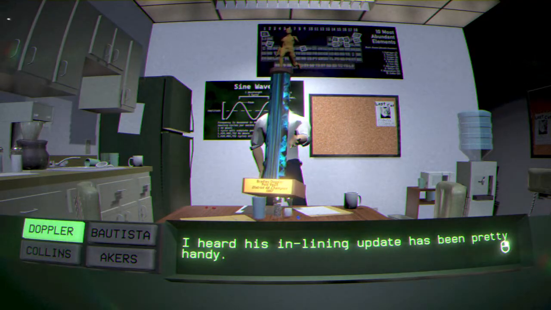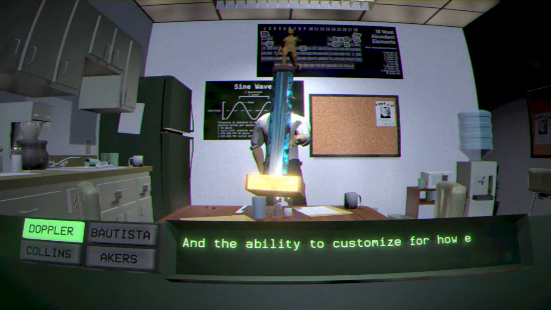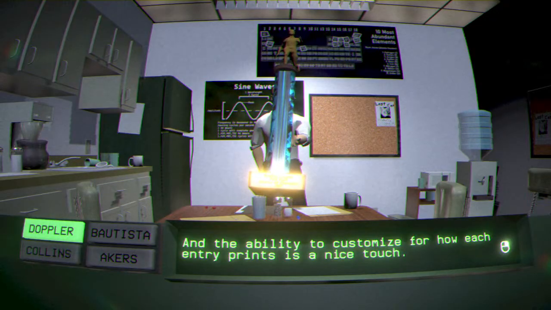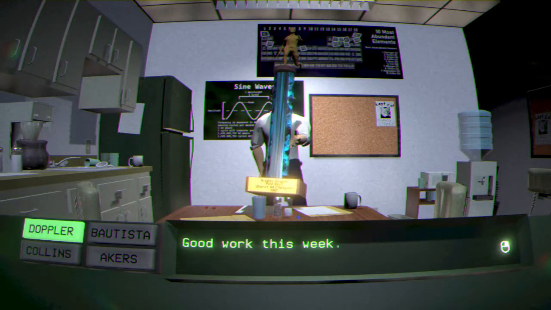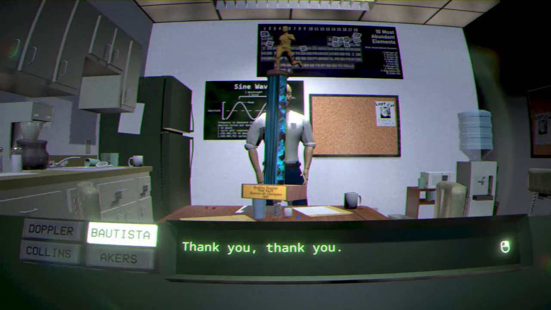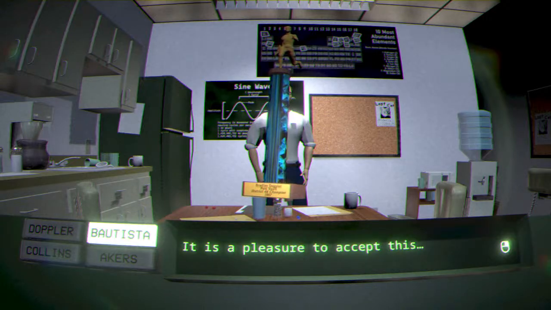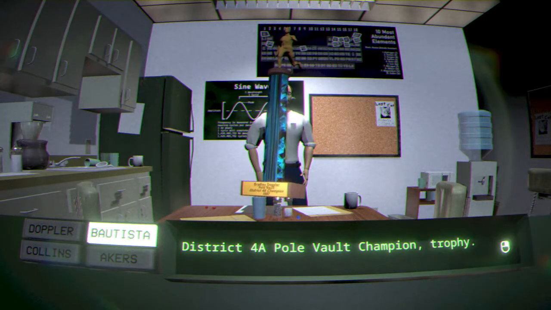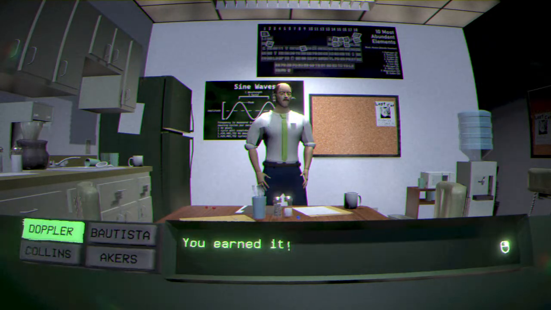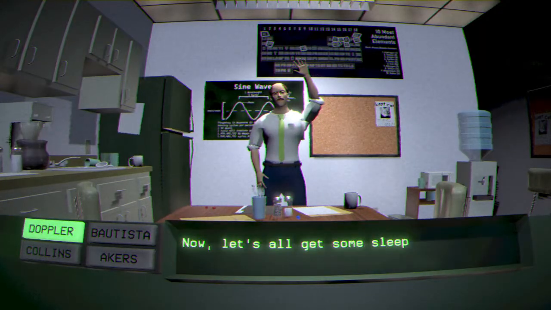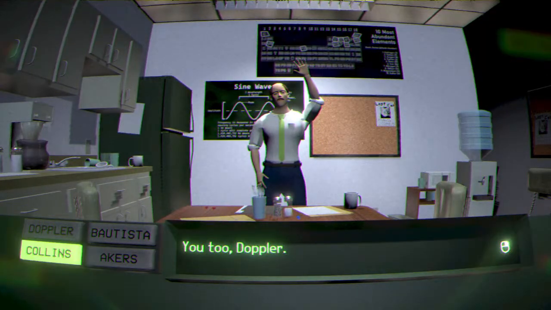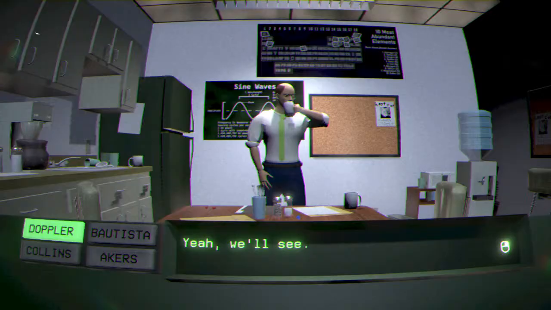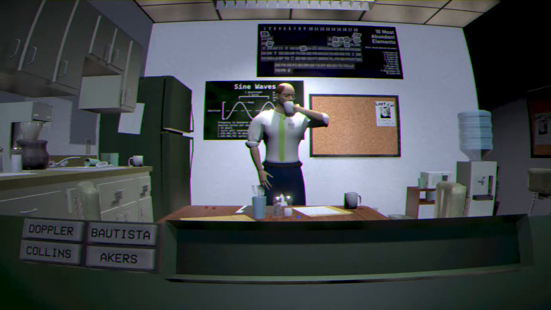I heard his inlining update has been pretty handy, and the ability to customize for how each entry prints is a nice touch. Good work this week. Thank you, thank you. It is a pleasure to accept this. District 4A Pole Vault Champion Trophy. You earned it. Now, let's all get some sleep. You too, Doctor. Yeah, we'll see. What a guy.